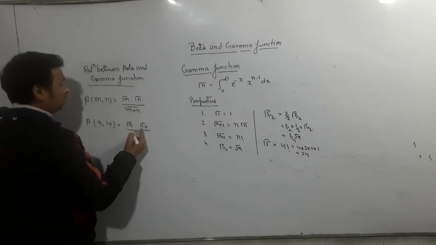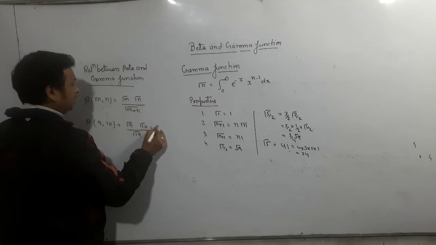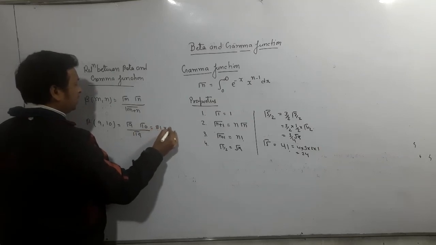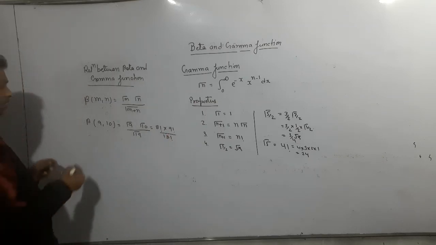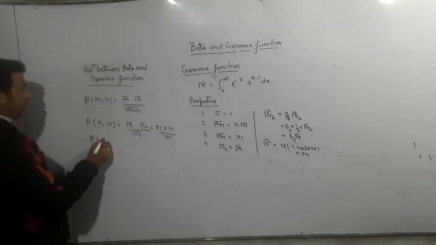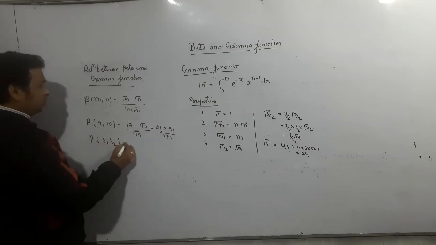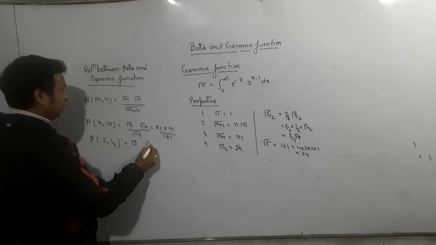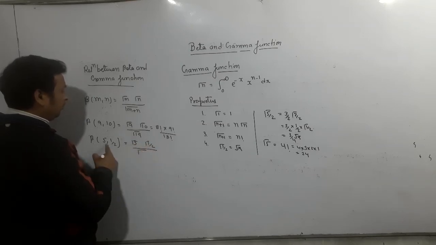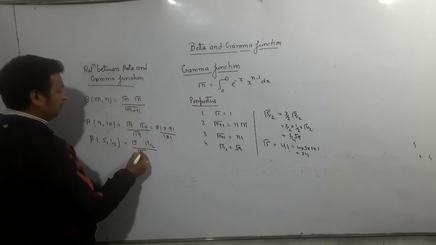Now gamma 9 means 8 factorial, gamma 10 means 9 factorial, upon 18 factorial. Now simplify. Similarly, what is the value of beta 5 comma 1 by 2? This is nothing but gamma 5 gamma 1 by 2 upon gamma of 5 plus 1 by 2, which is 11 by 2.